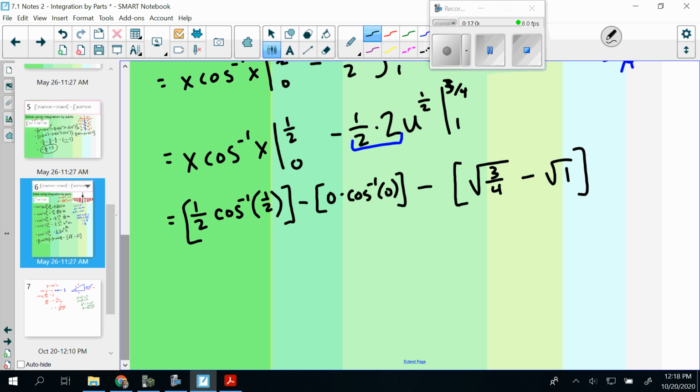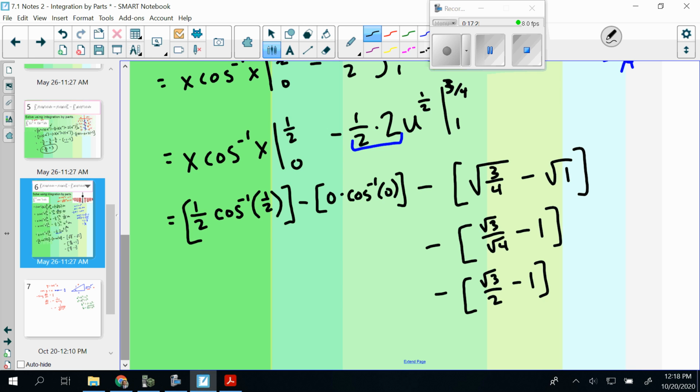All right, so now let's evaluate these and see what we get. The right side looks pretty easy here. This is going to be the same as square root of 3 over square root of 4. Square root of 1 is just 1. That's going to give us square root of 3 over 2 minus 1.